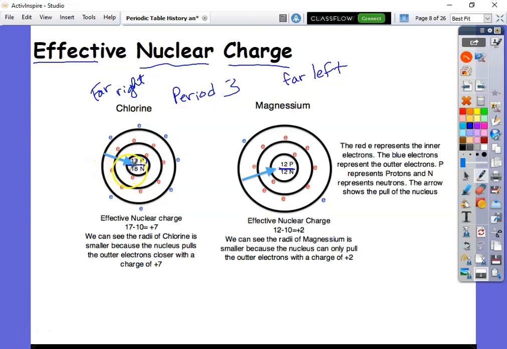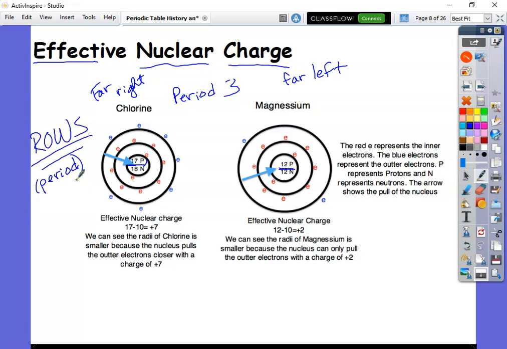So even though each of these atoms has 3 energy levels with electrons in them, it's the difference in the nucleus, the effective nuclear charge, that in rows on the periodic table determines how big or how small those atoms are. So I just want to really drive home the point here that right now we are specifically focusing on atoms in the same row or period on the periodic table.